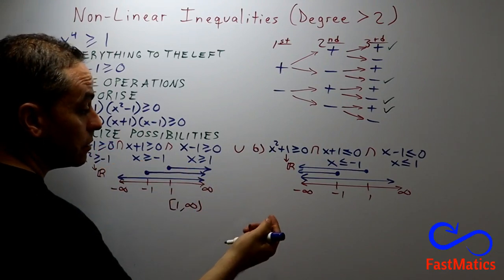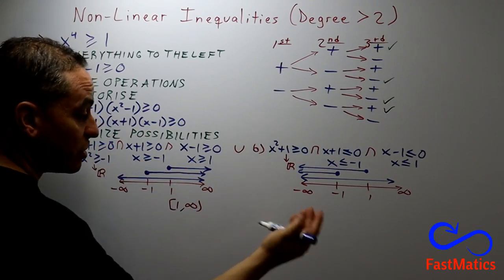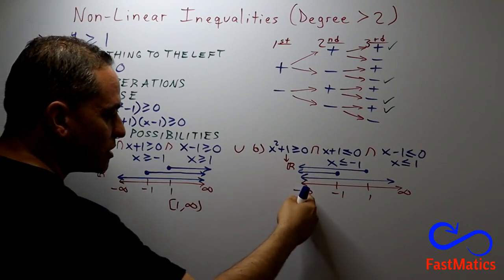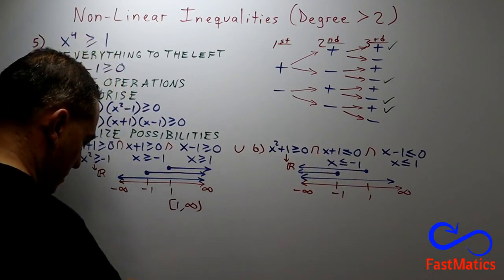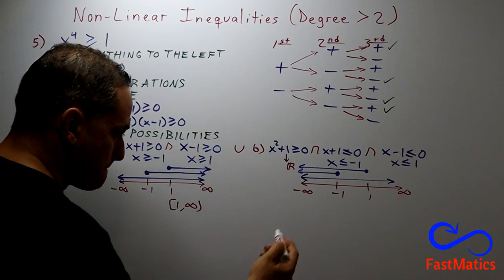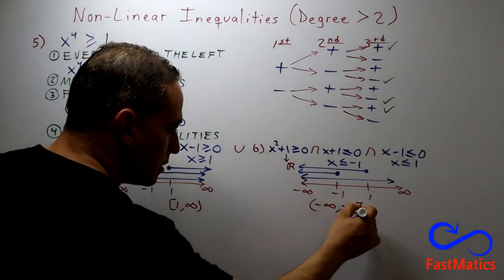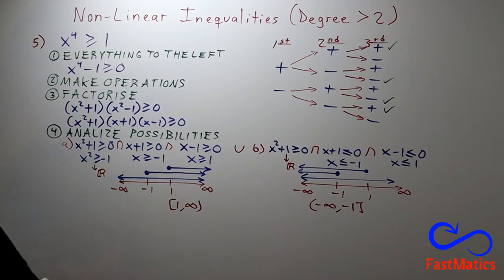Where will I have a contact between the three lines? From negative infinity to negative 1. So the answer will be from negative infinity to negative 1 with a bracket.